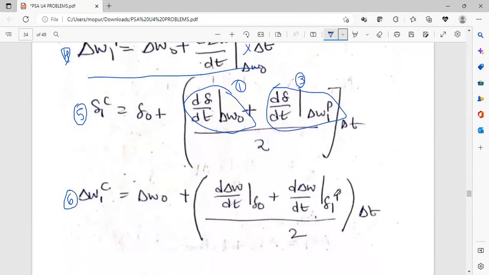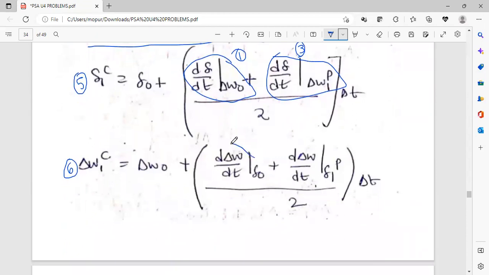And the sixth formula is 2 plus 4 by 2. This is the second equation, plus this is the fourth equation, 4 by 2 into del t. This is the modified Euler method.